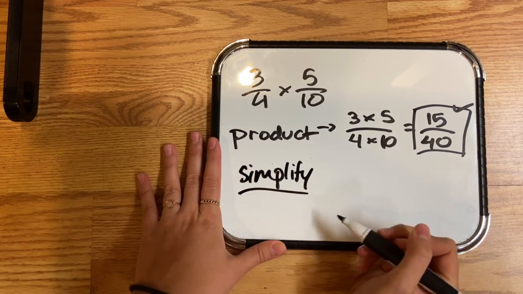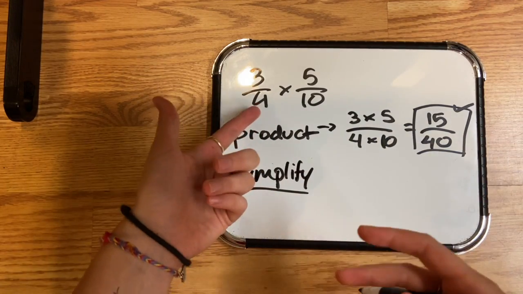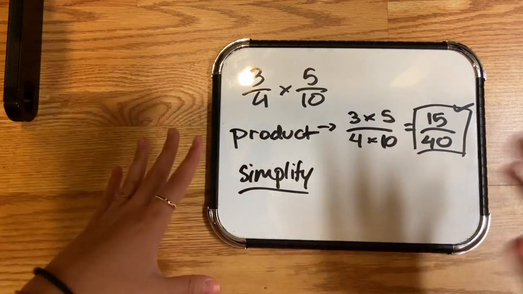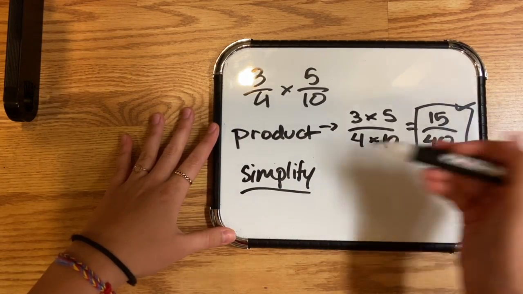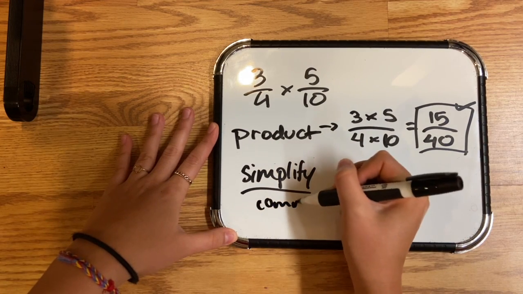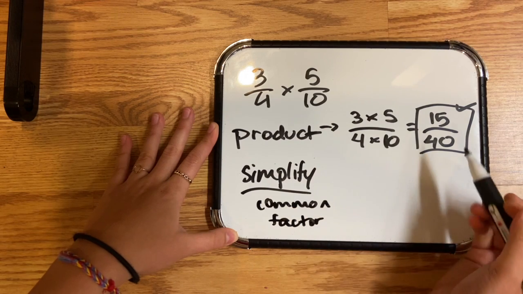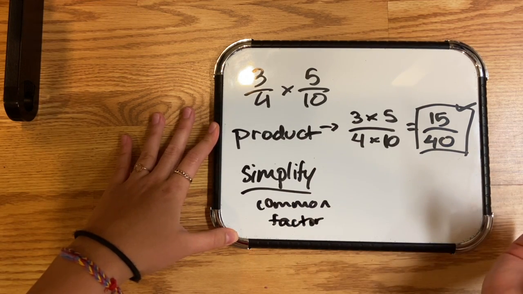And simplifying just means taking a larger fraction and cutting it down to something nice, like 3/4 or 1/2 or something smaller, basically. So when simplifying, you want to find a common factor. So we look at 15 and we look at 40 and we say, hey, those are both divisible by 5.